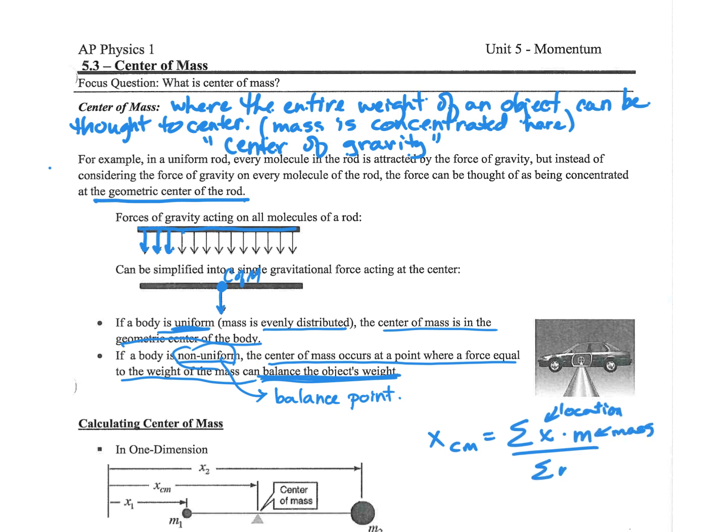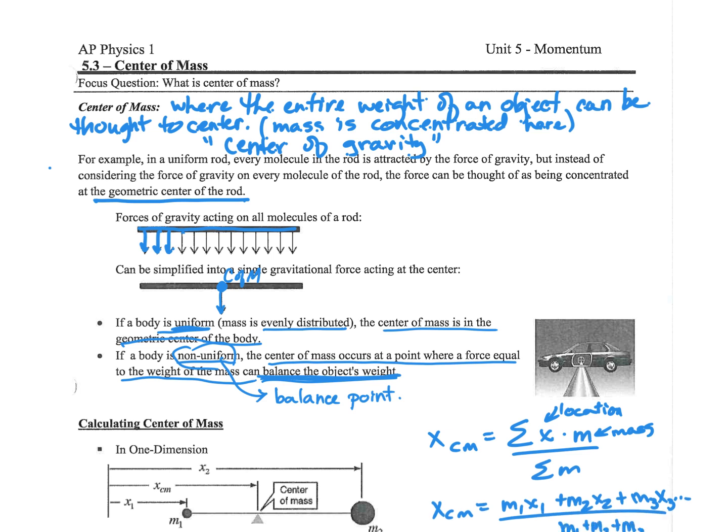All right, so for example, x center of mass would be equal to the mass of 1 times its location plus the mass of 2 times its location plus the mass of 3 times its location, etc. All divided by mass 1 plus mass 2 plus mass 3, and so on.